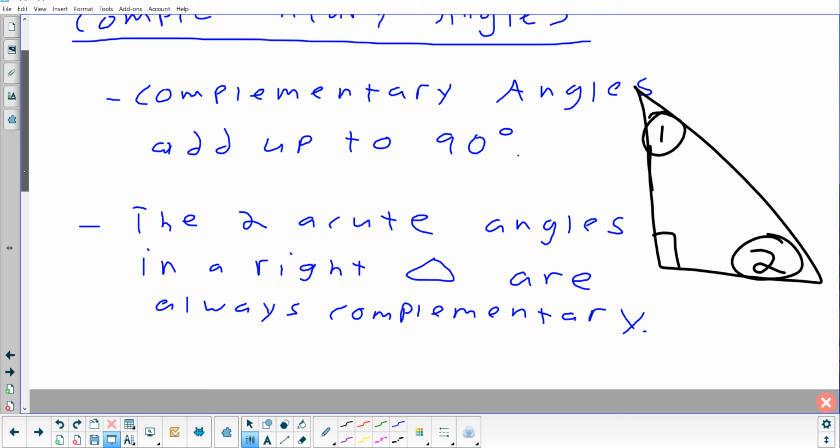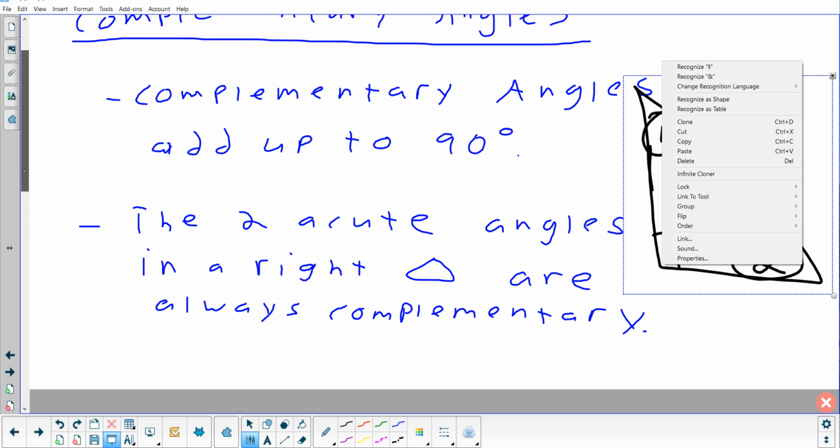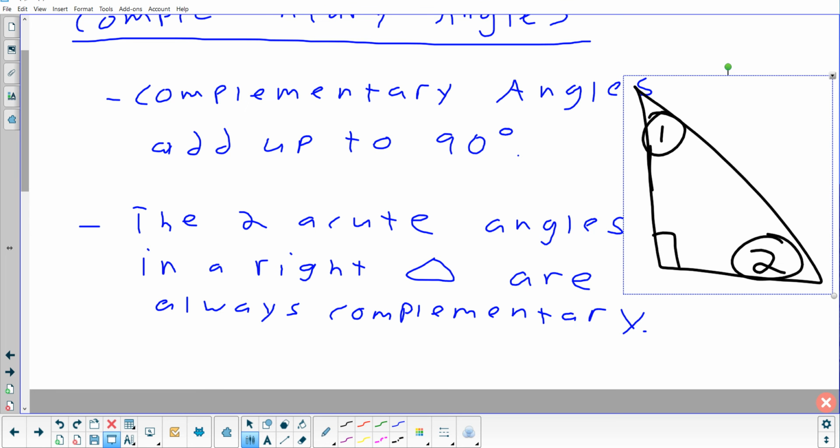Because a triangle adds up to 180 and you subtract 90 because it's a right angle, and then you have 90 to divide between 2 angles. We don't know what they are, but we've already used up 90. So together, angle 1 and angle 2 have to add up to 90, or the triangle wouldn't add up to 180.